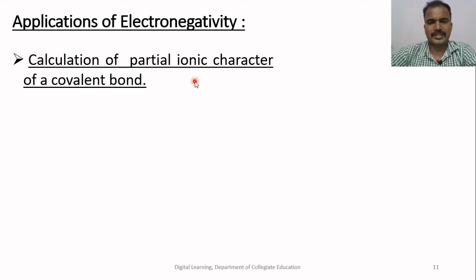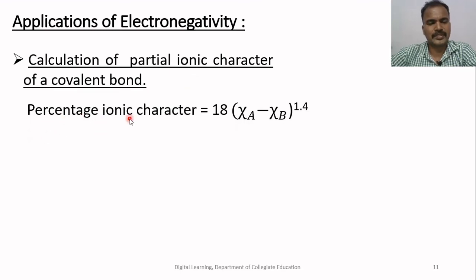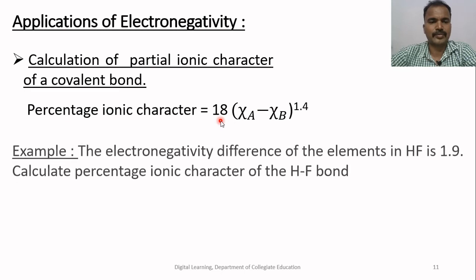Pauling suggested a correlation between the electronegativity and percentage ionic character of a covalent bond through this equation. That is, percentage ionic character is equal to 18 into the difference in electronegativities of the bonded atoms raised to the power 1.4. So by making use of this equation, we can calculate the ionic character of a covalent bond.